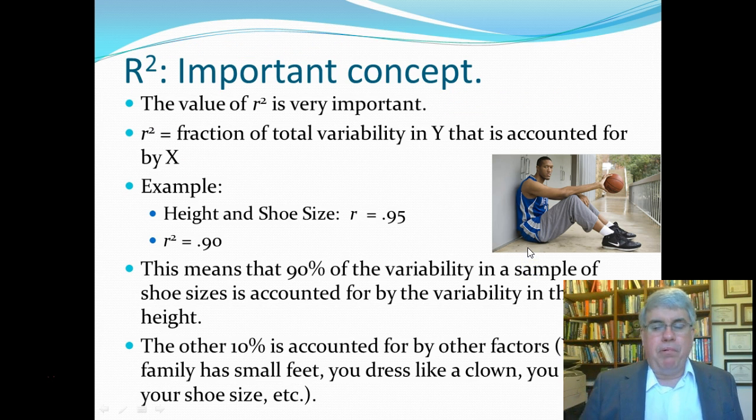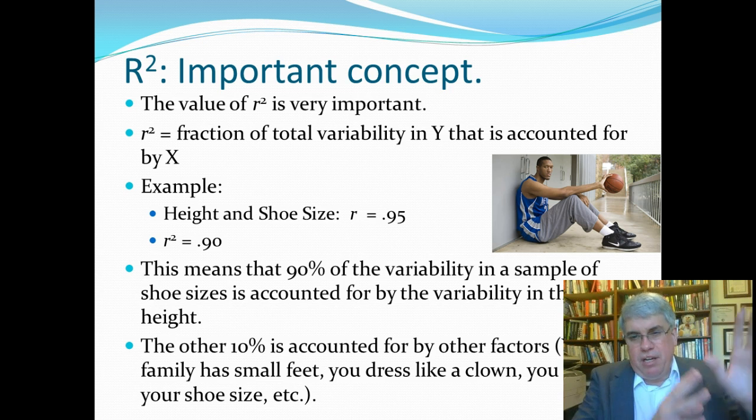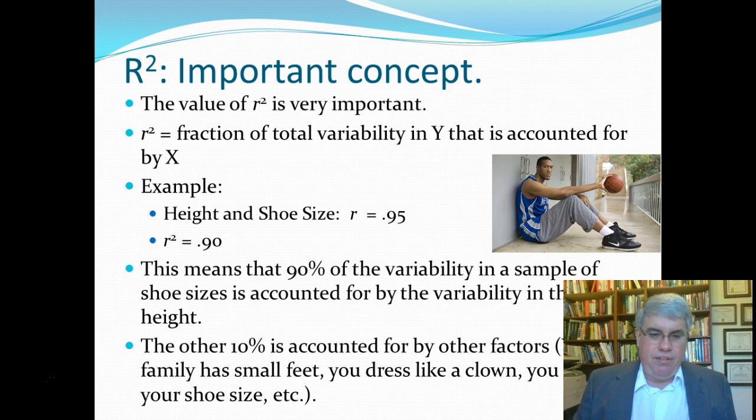Now, an important statistic is r squared. Basically you just take r and you times it by itself, and r squared is the fraction of total variability in the y variable that's accounted for by the x variable. For example, the correlation in men between height and shoe size is 0.95.